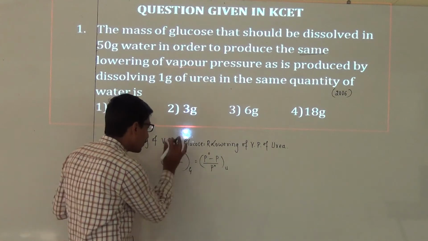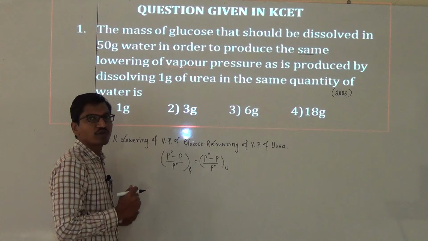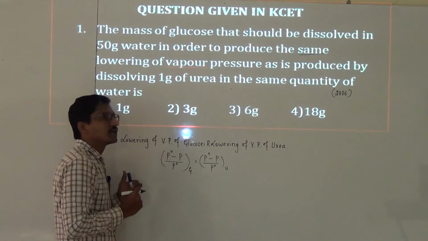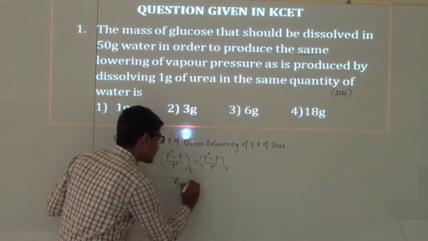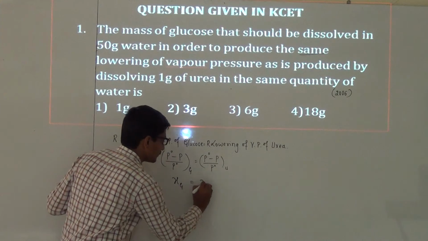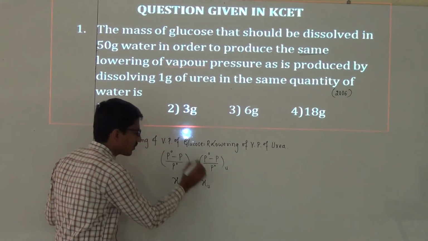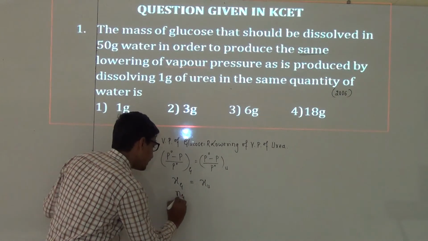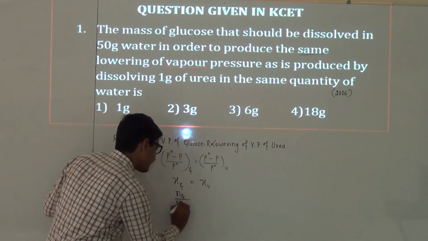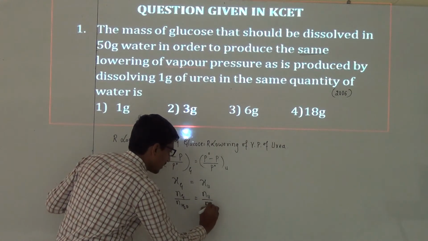Here relative lowering of vapor pressure is always equal to the mole fraction of the non-volatile solute component, that is Xg is equal to Xu. Mole fraction of glucose is equal to mole fraction of urea, and this is equal to Ng divided by NH2O and Nu divided by NH2O.